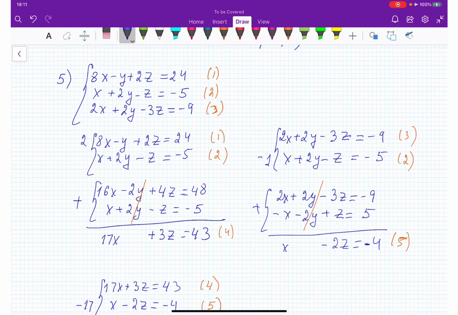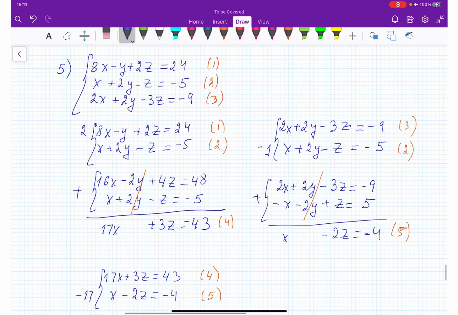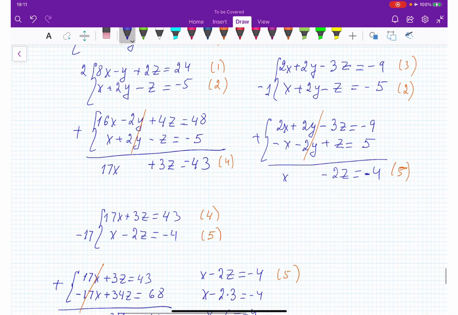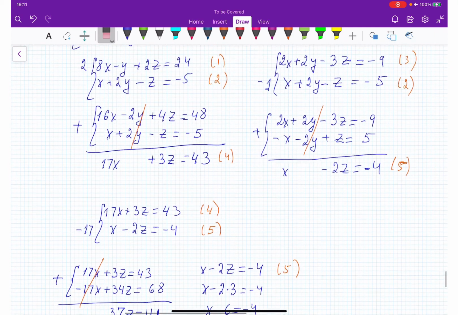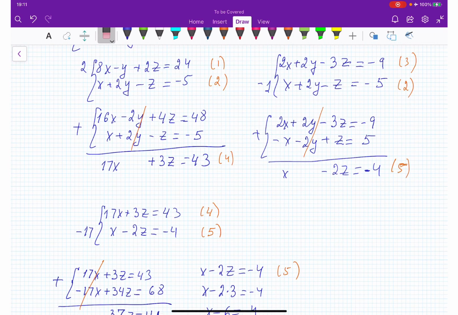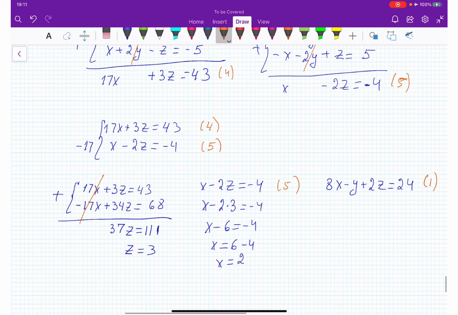I'm using the first one, which is going to be 8x minus y plus 2z is equal to 24. And that's the first one I'm using. So I'm going to plug in z and x to find y.